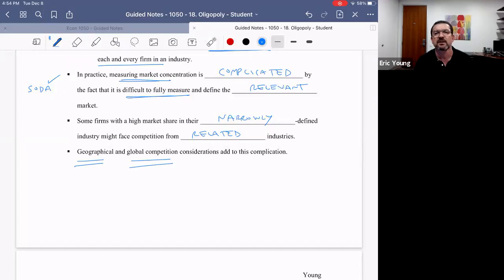We find that lots of industries are now increasingly global in nature. The original use of things like CR ratios and HHIs were typically national tools for a nation. It doesn't really factor in the broad geographical and global competition that firms today face.